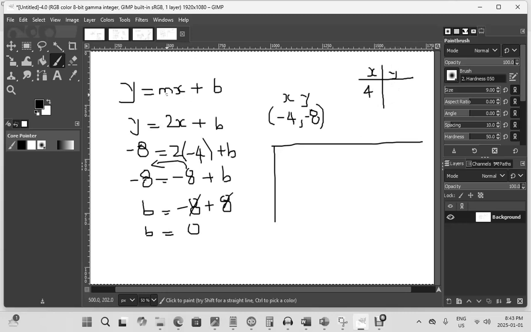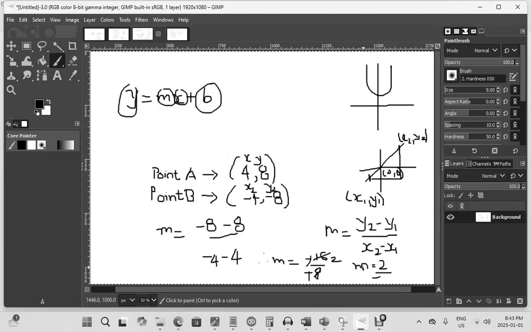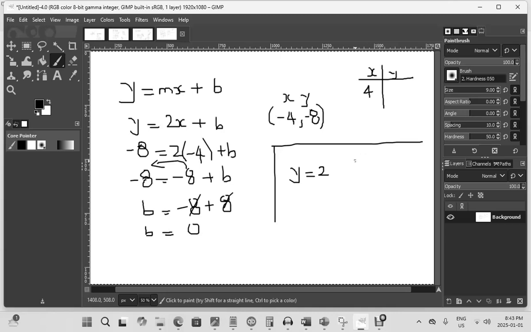Let's say you know your slope is 2, so m equals 2. If we substitute the value, your x will be 4, plus b or y-intercept, which was 0. Which means y equals 4 times 2, which is 8.